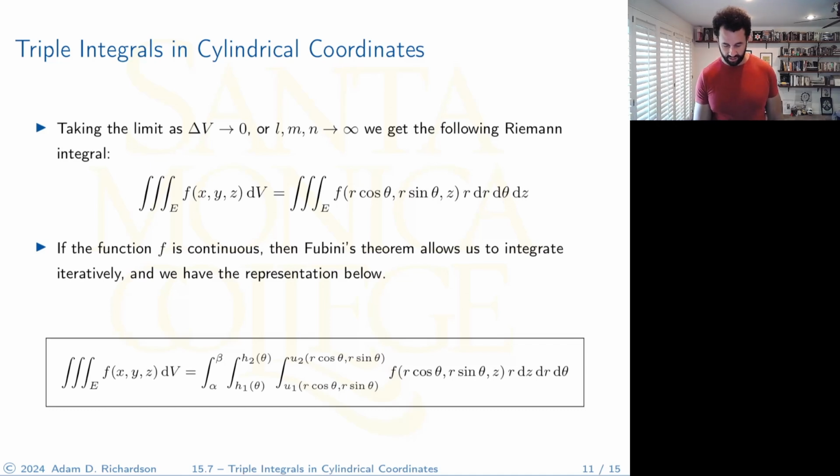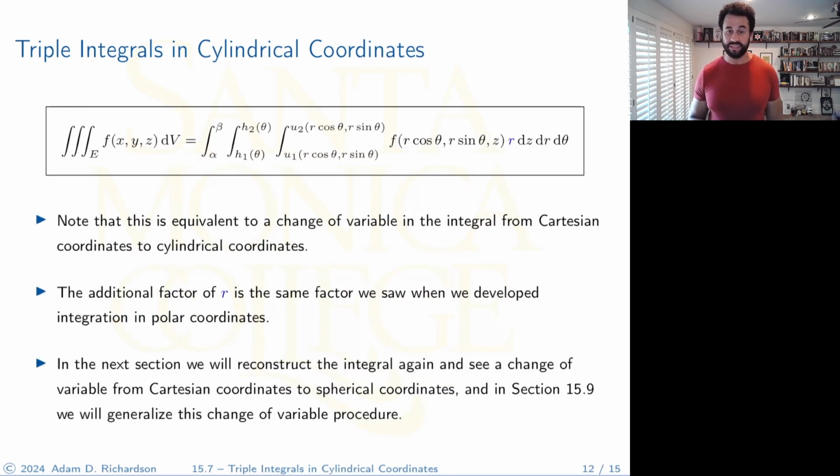So we're going to integrate between two surfaces first. Then we're going to integrate between two curves. And then we're going to integrate between two numbers, assuming that our regions are nice enough to do this. That's the whole thing. That's pretty much the idea. I just want to point out again that this is really just equivalent to a change of variable in the integral from Cartesian to cylindrical coordinates.